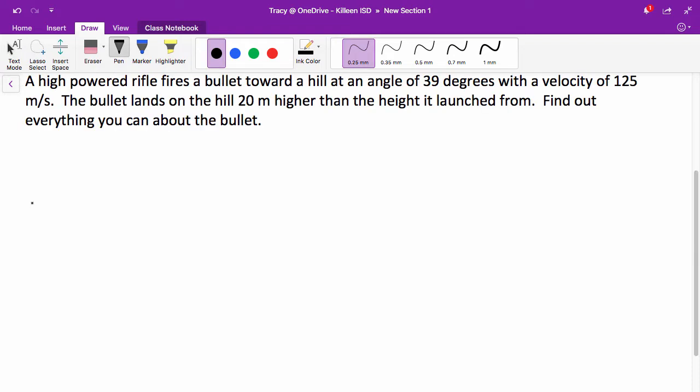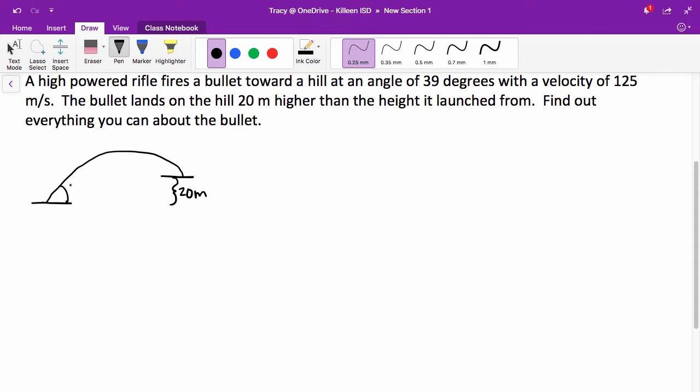So I'm going to draw a little picture. It's landing higher than what it launched. We said that this was 20 meters higher than what it launched at. So it's going to launch, and it's going to go and land right there.